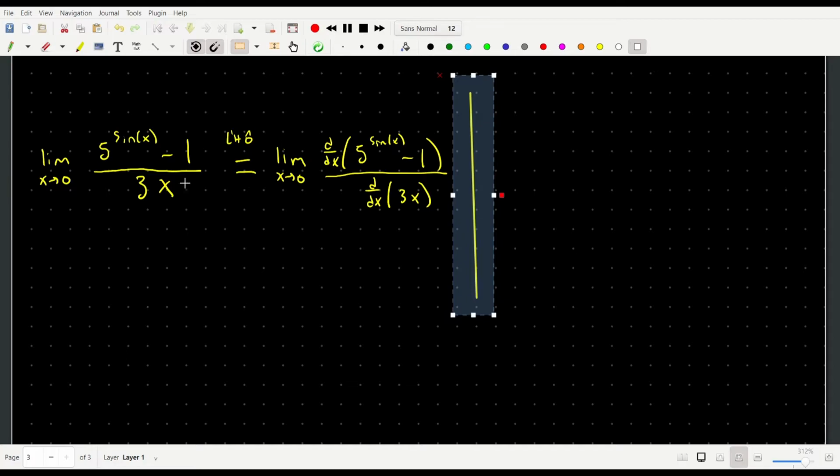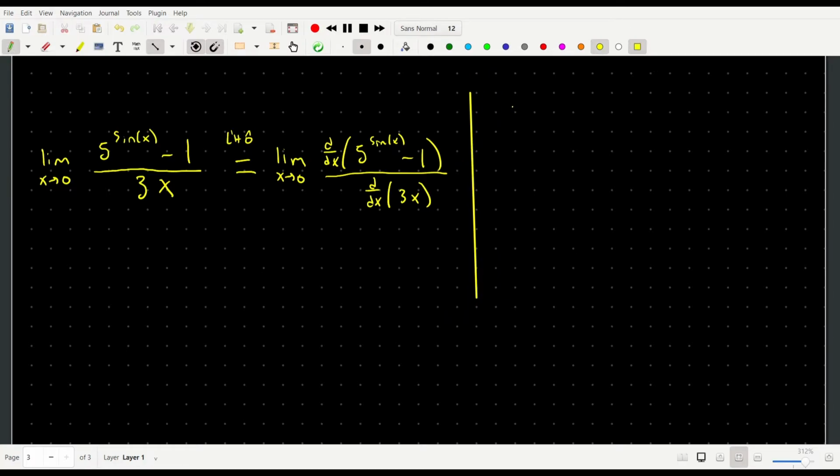Specifically, in order to differentiate the function 5 to the sine of x, we're going to need to use the chain rule. And the trick here is using the simplification or substitution u equals sine of x.